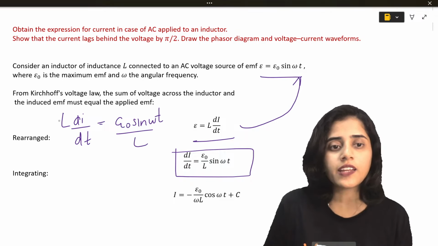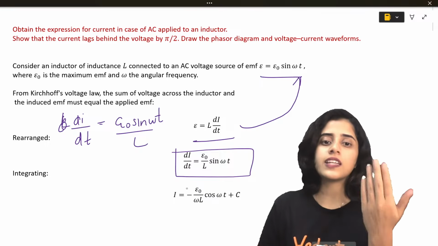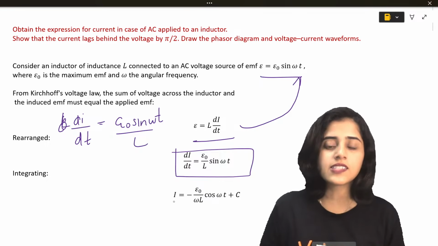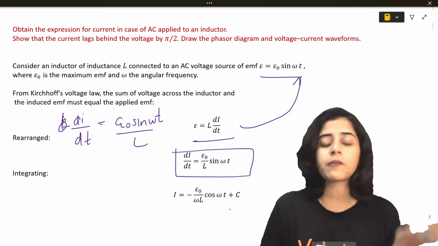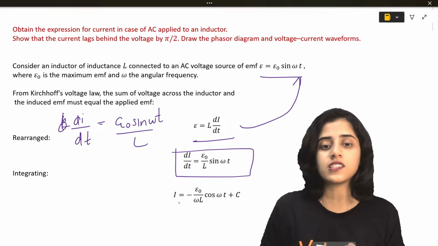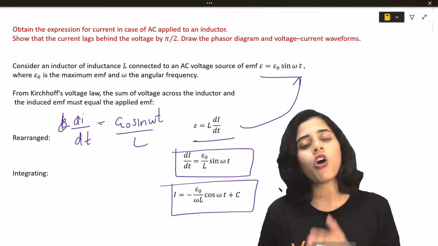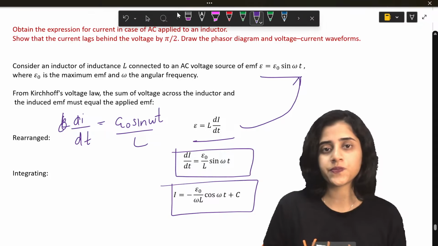This L you take to the other side. Now di by dt can be written as I. So I integrated the whole thing. Integral of sine theta is minus cos theta. So I will be minus E naught by omega L cos omega t plus C.